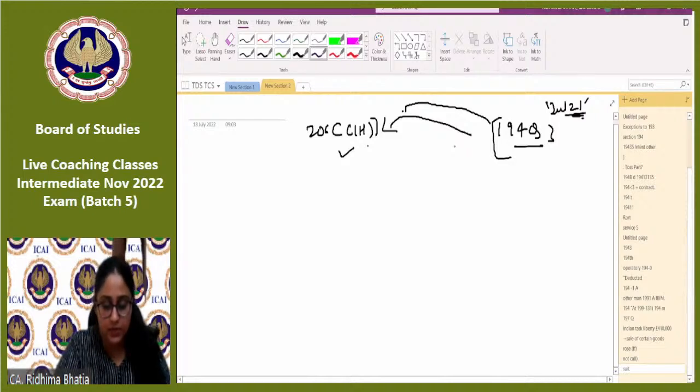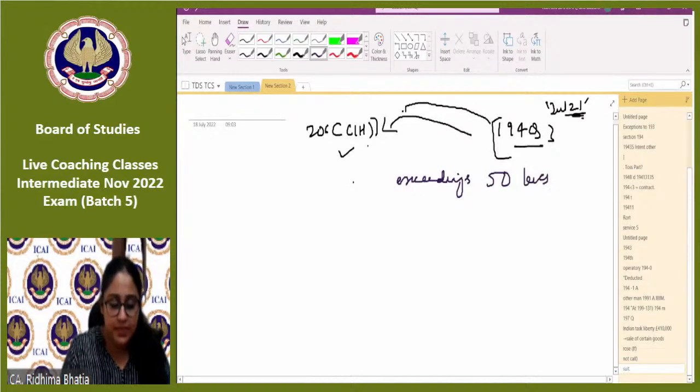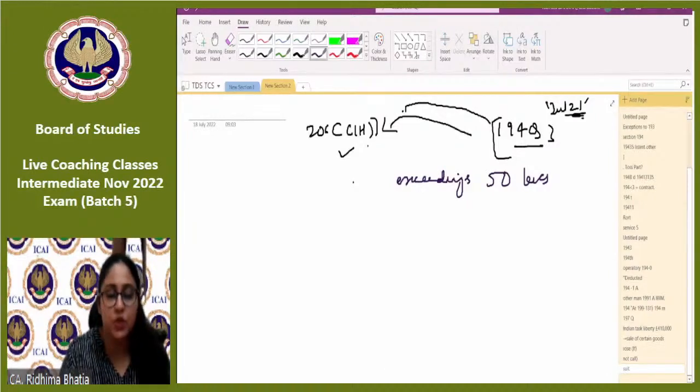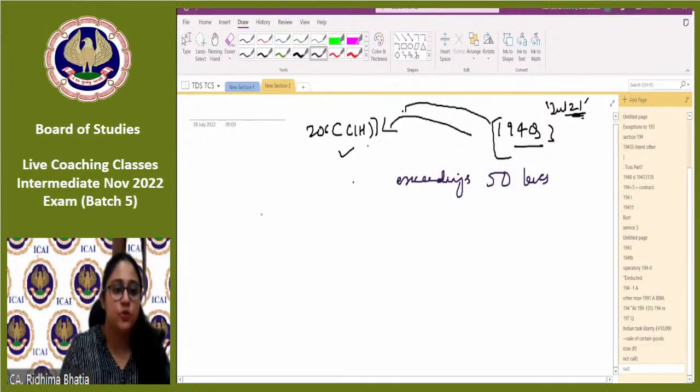Ma'am, can we please do it in detail? Yes. So what you have to do is, this section triggers when there is a sale and purchase of a value exceeding 50 lakhs. Correct? This we all agree? Right. So जब sale and purchase is of the value of exceeding 50 lakhs, simply you have to see yourself first as a buyer. If you are the buyer, assume yourself as a buyer.